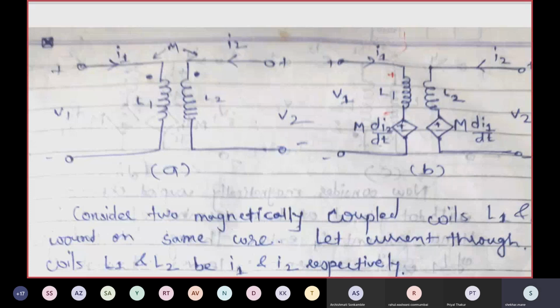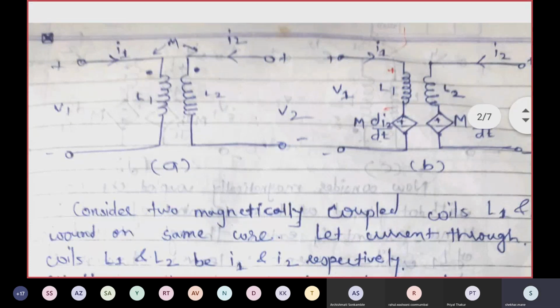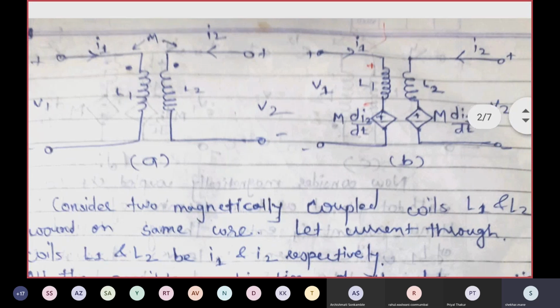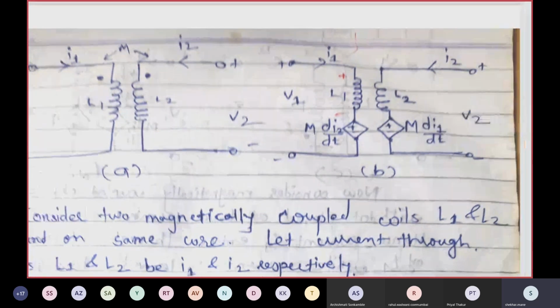So now you can see B part of the circuit diagram. You can see that in red ink, the polarity of self-induced EMF is positive, negative, and the same polarity is for mutually induced EMF, that is M di2 by dt.